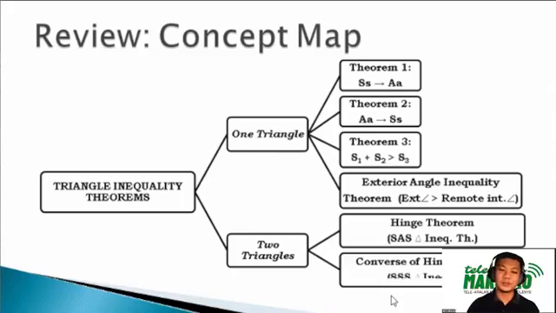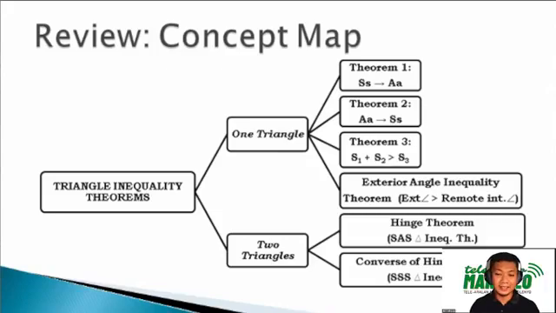Lastly, for our two triangles, we have the SSS triangle inequality theorem. Please take note, this is different from the SSS triangle congruence postulate because we have here two congruent sides, or two corresponding sides, but one different side on each triangle.